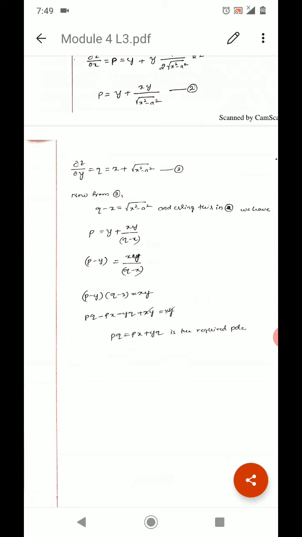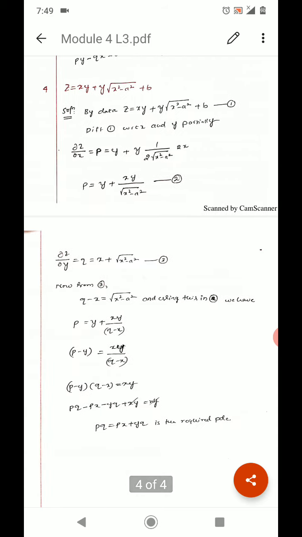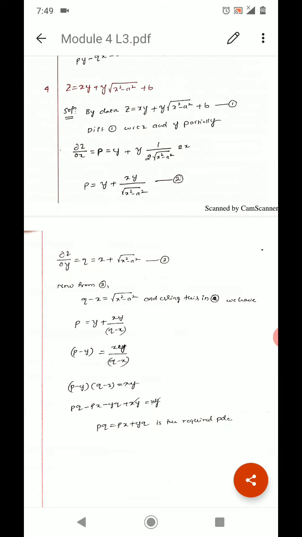Now with respect to y, that is del z by del y, which is equal to q, equal to, so with respect to y, differentiation of xy becomes x since y becomes 1 plus differentiation of y into square root of x square minus a square. Here also y becomes 1 and hence we have square root of x square minus a square, and differentiation of b is 0 since b is constant.